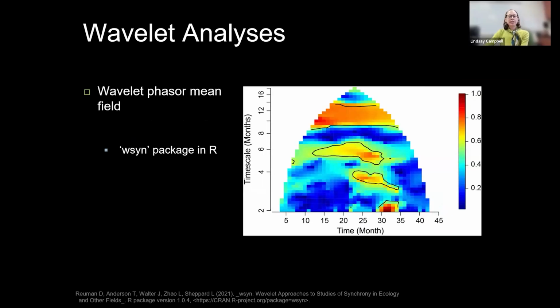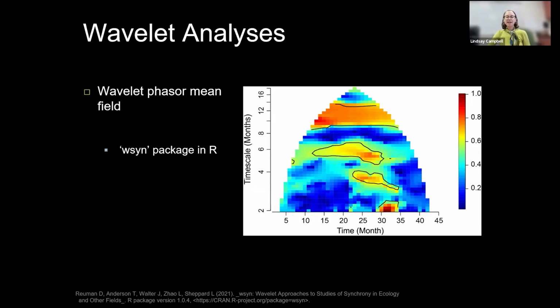Again, we are using these wavelet phasor mean fields, which is essentially a way to decompose these time series across space and time so that you can analyze the periodicity across the full study period and time scale.